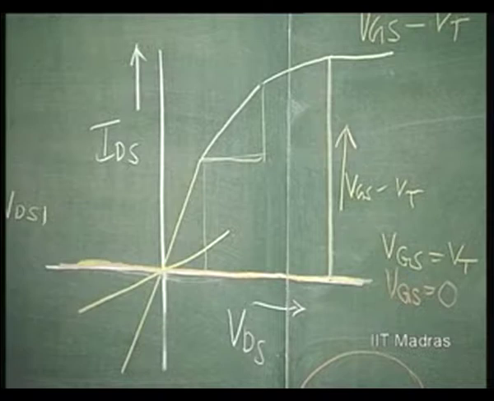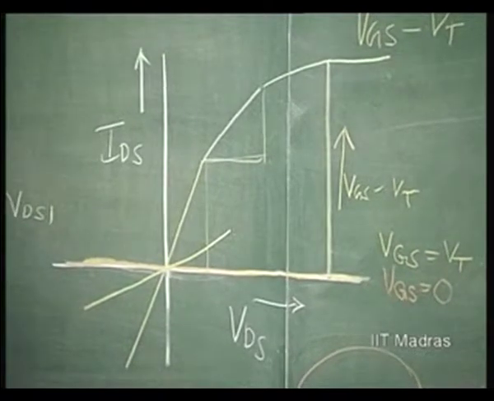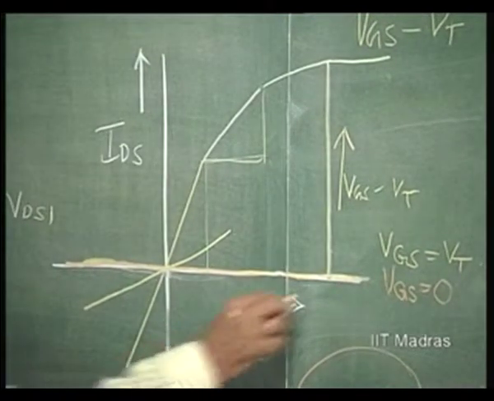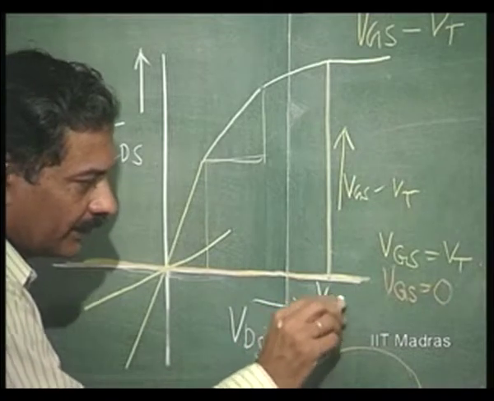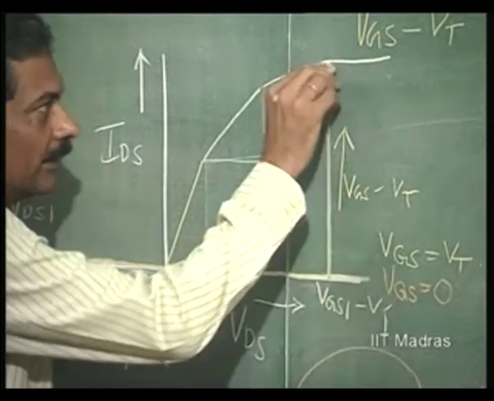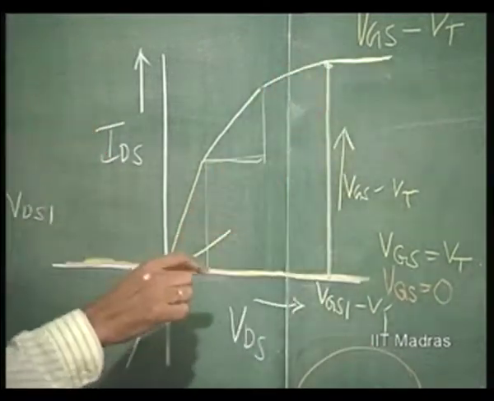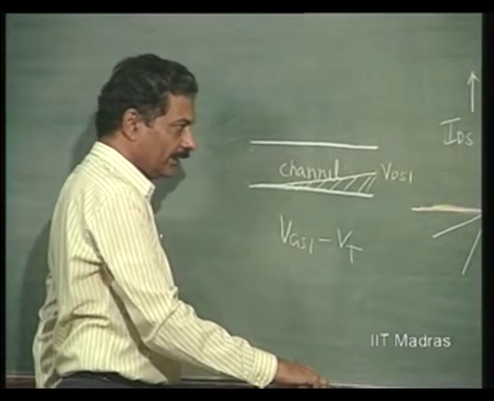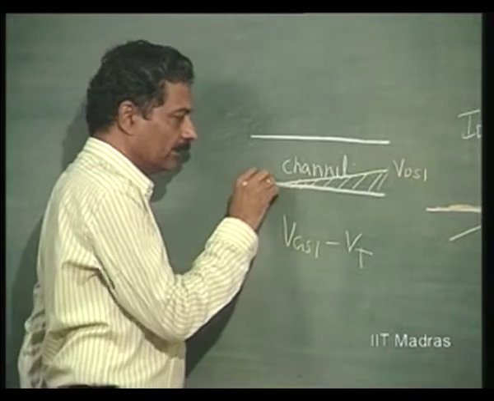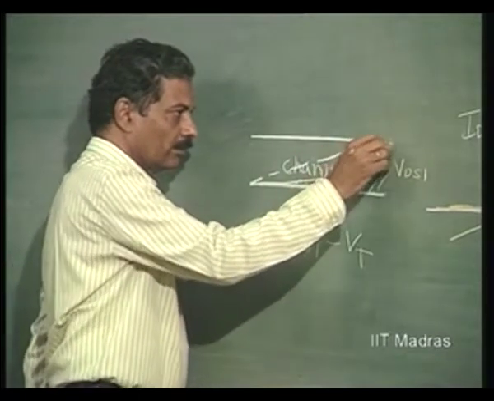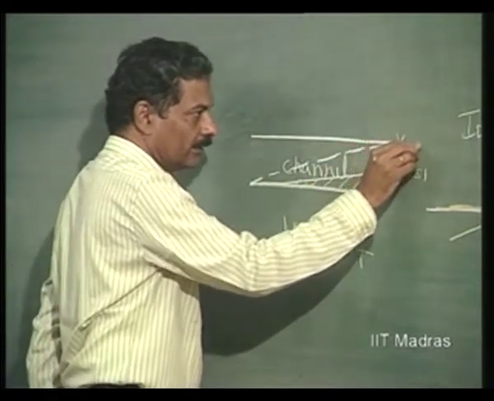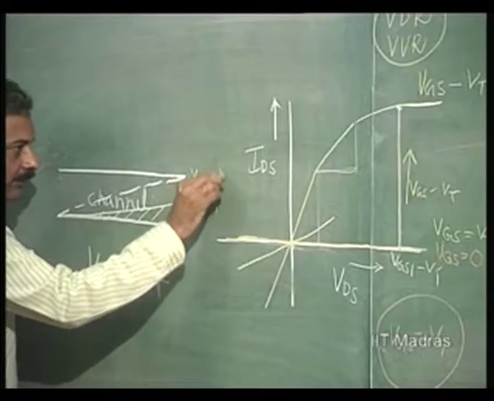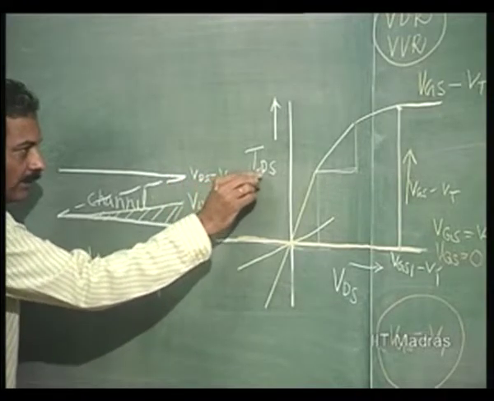VDS equal to VGS1 minus VT. At this point, the channel gets completely closed. So, we can say that this is the position for VDS equal to VGS1 minus VT.